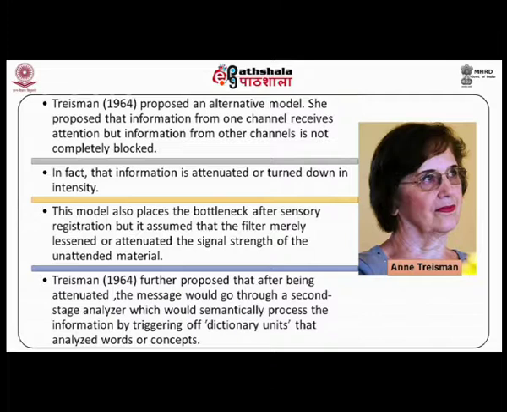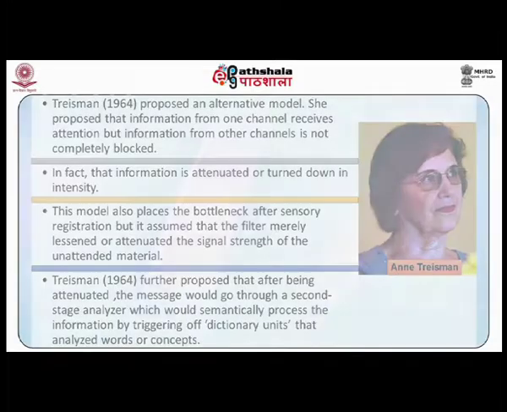This model also places the bottleneck after sensory registration, but it assumed that the filter merely lessened or attenuated the signal strength of the unattended material. Treisman further proposed that after being attenuated, the message would go through a second stage analyzer, which would semantically process the information by triggering off dictionary units that analyzed words or concepts.